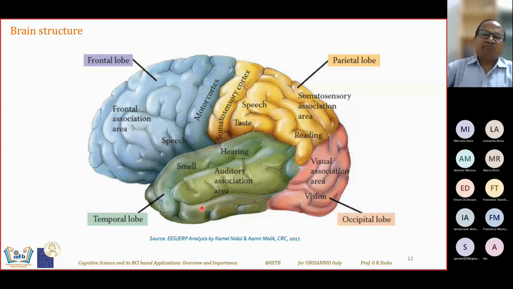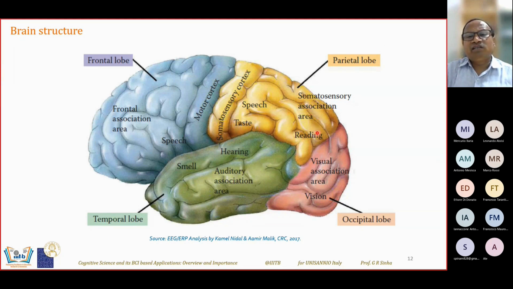You look at here. This is a very interesting picture. I already told you in the beginning that in my slides you will find a lot of pictures, and you all know that the role of a picture is to make us understand easily. This is a brain structure, and I have copied it from elsewhere, therefore the citation is given. Look at here, there are a number of areas called lobes.